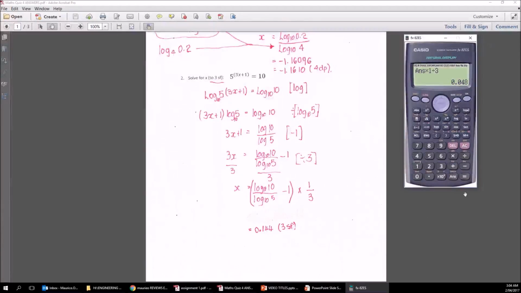It came out as 0.144. Oh, perhaps I need to, can't go back, so I'll quickly do it again.